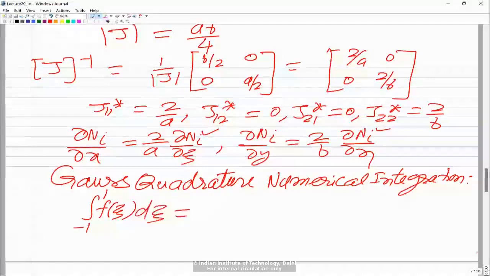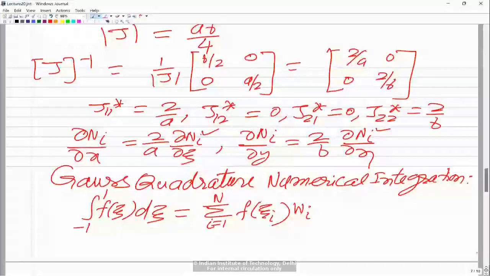So in the summation, let us say we have the variable I, and the number of points where we explicitly evaluate the function is n, so I going from 1 to n, and then we evaluate the function at xi I and multiply it by some weight factor. So we are converting this integral into summation.